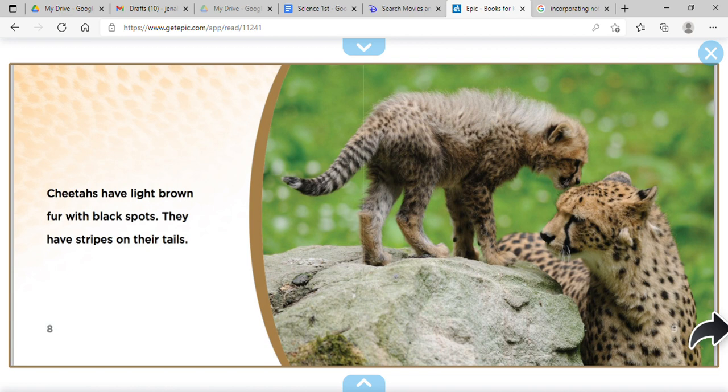Okay, great. And stripes on their tails? Yeah. Make sure you put that, because they don't have stripes everywhere, just on their tails, which I think is pretty cool. You did a great job though.